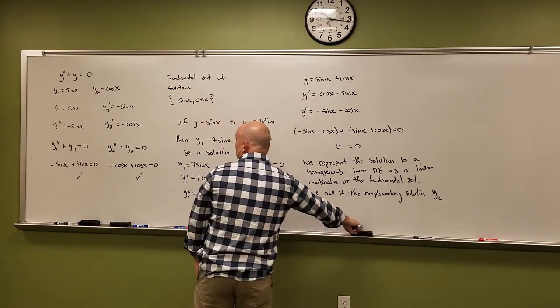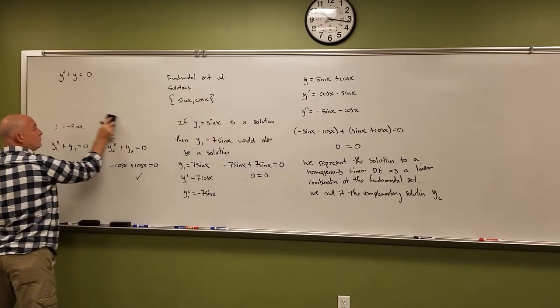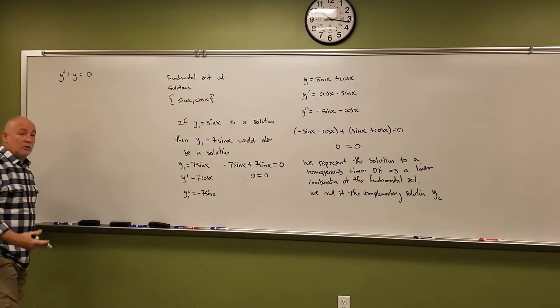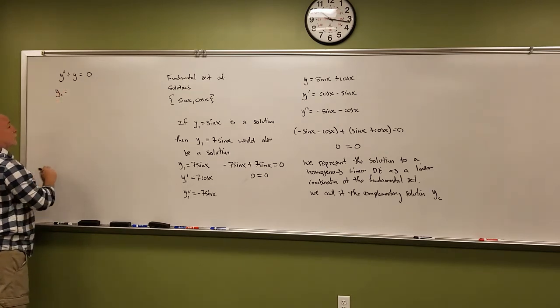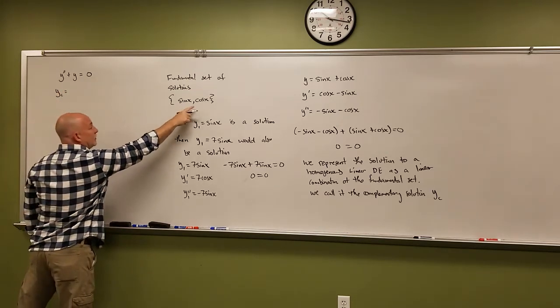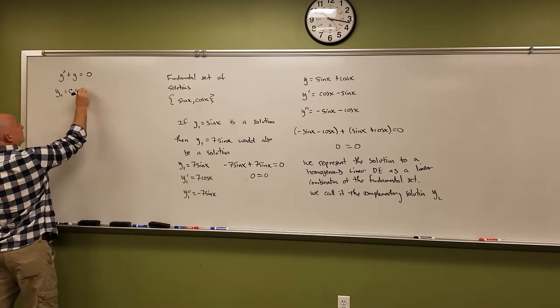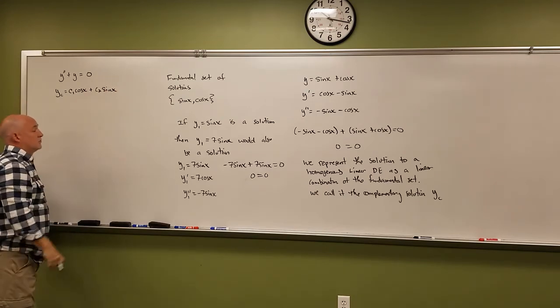So if we come back over here, we just decided that for this differential equation, the fundamental set was sine x and cosine x. So we would generally say the complementary solution would be some linear combination of these two. It doesn't matter what order you write it. It'd be like some c1 cosine x plus c2 sine x, in any order.